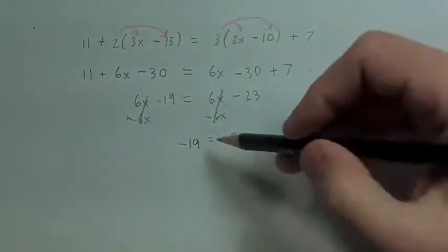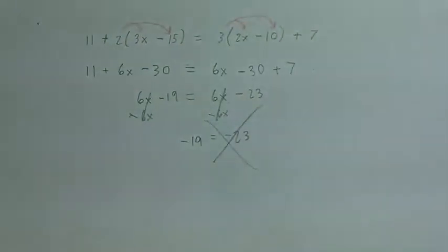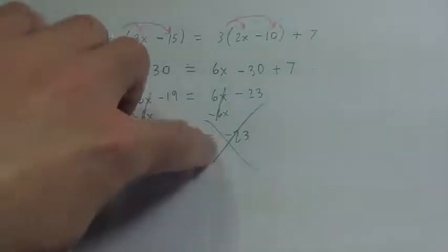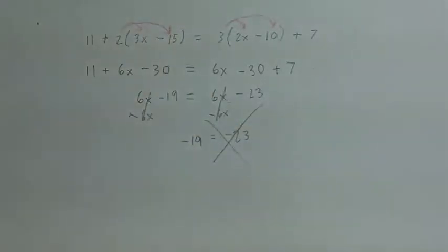Oh, but that's not true. Right? Negative 19 is only equal to negative 19, and negative 23 is equal to negative 23. These two are not equal.